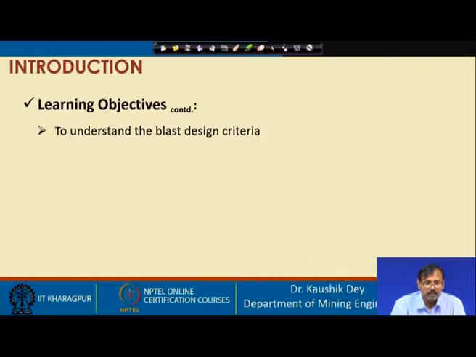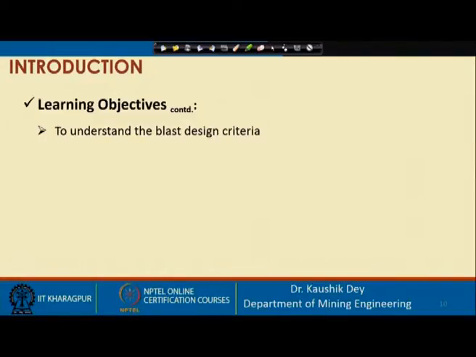Based on this blast theory, one has to know the blast design criteria. A blasting engineer may be given a task: you have to address this fragment size distribution, with this quantity of throw, and with the constraint of these other environmental parameters.